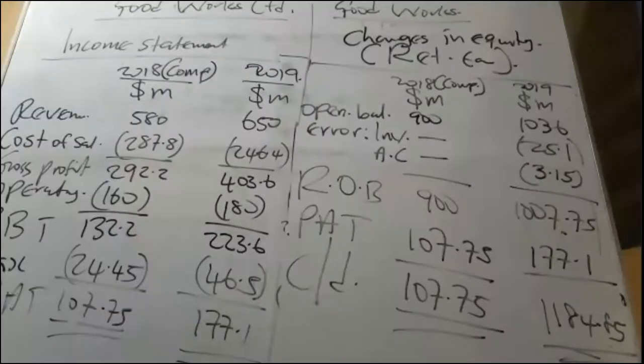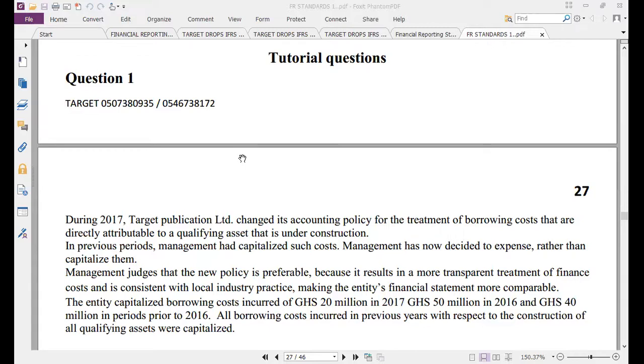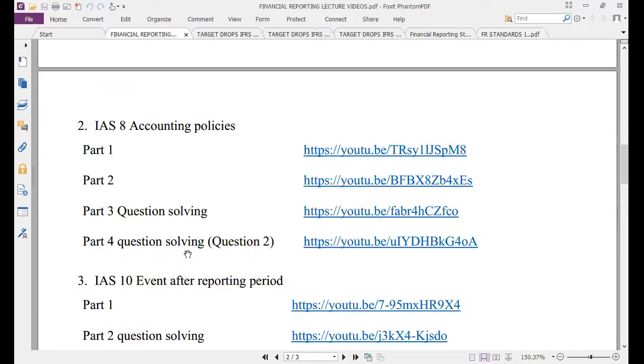Now, when you are done with this, kindly try these questions if you do have them with you. The tutorial questions: question number 1 has been solved, and the solution is in here.